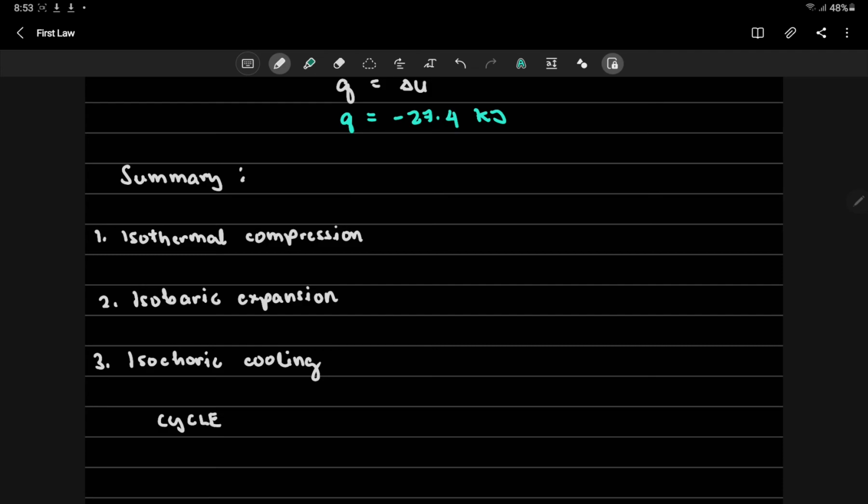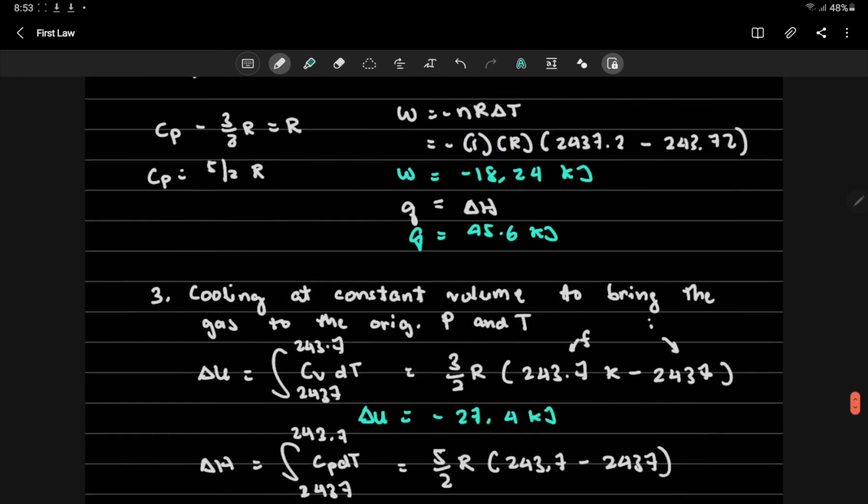Okay, so ang gawin natin is, let's identify or summarize our values. Yung mga nakuha nating delta U, delta H, Q, and W, all of this in kilojoules. Okay, so for the first step, isothermal compression, balikan lang natin. Very quick.